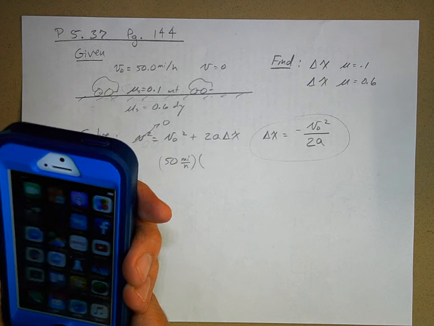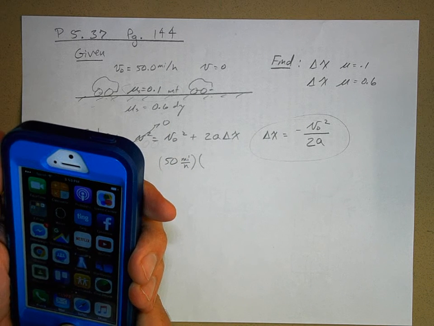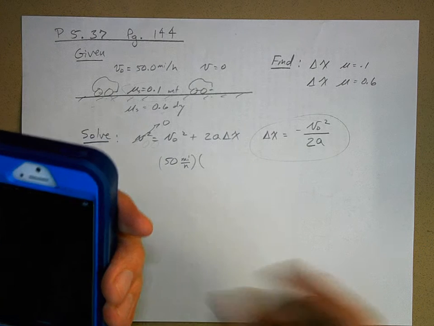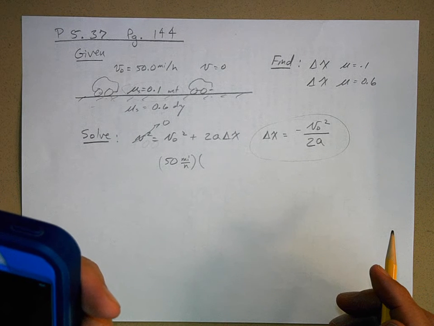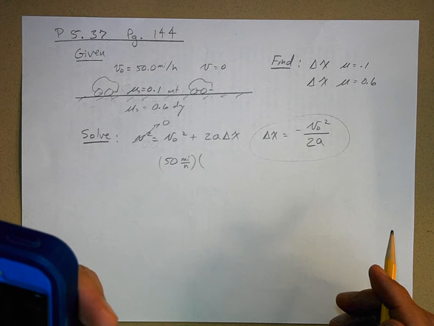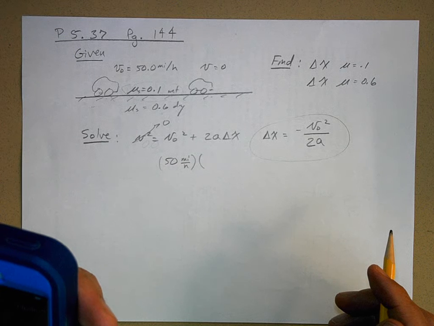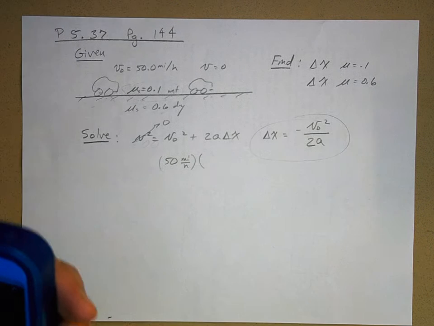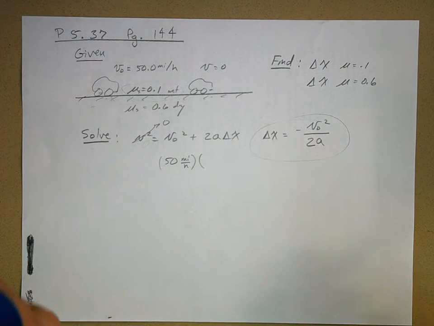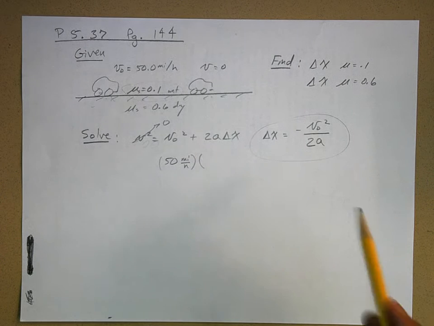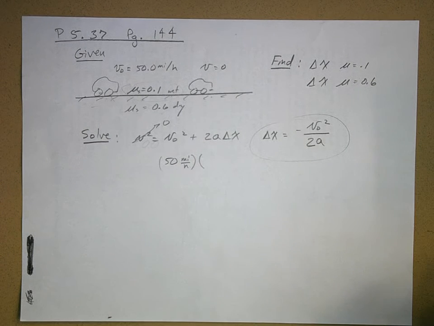Oh, wait. Hello? Hi, Paul. How many miles per hour are in a meter per second? That would be 2.24 miles per hour.